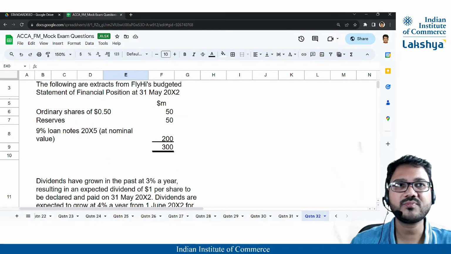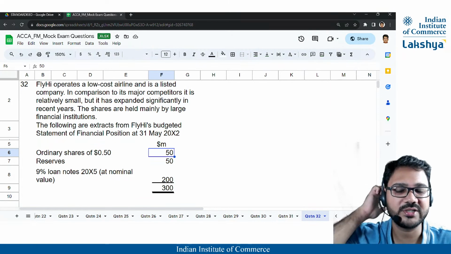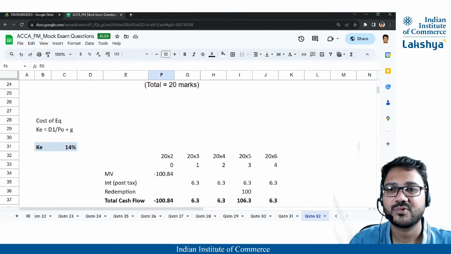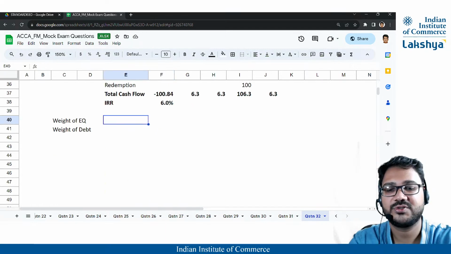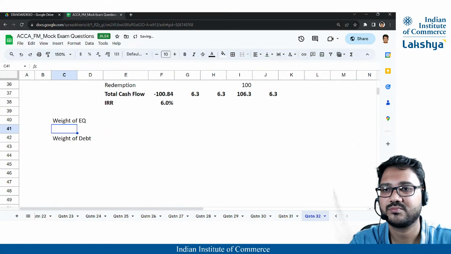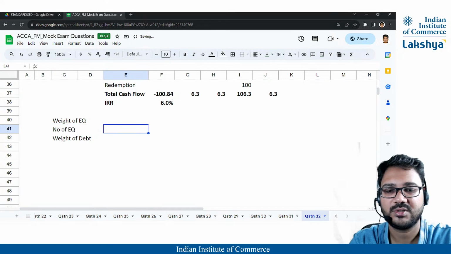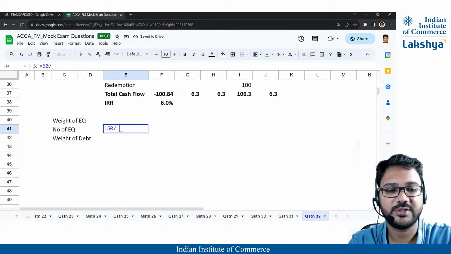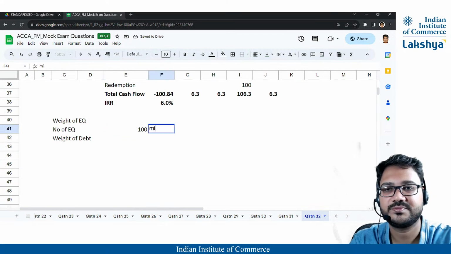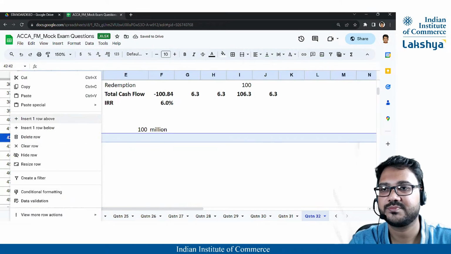So value of equity, we know that there are 50 ordinary shares. So 50 divided by 0.5. That's the number of shares. So number of equity is equal to 50 divided by 0.5, right? That's 100 million shares.